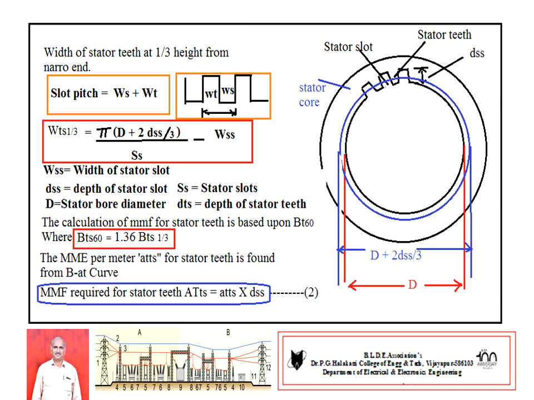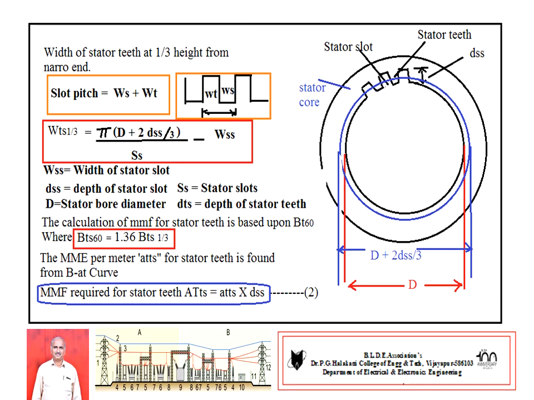Therefore, WTS 1/3 equals pi times (D plus 2 times DSS by 3) divided by SS, minus WSS. Once we get WTS 1/3, then it is possible to calculate flux density at 60 degrees. It should be converted by multiplying 1.36 into BTS 1/3.